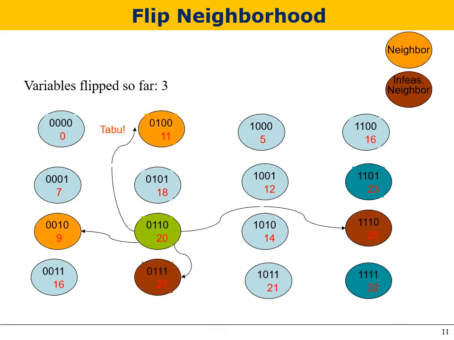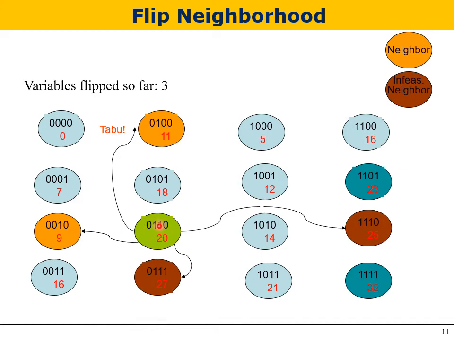Okay, now we generate all the neighbors of this solution. So if we flip the first variable, we will come up with this solution, but it is infeasible. If we flip the second decision variable, we will end up with this solution.